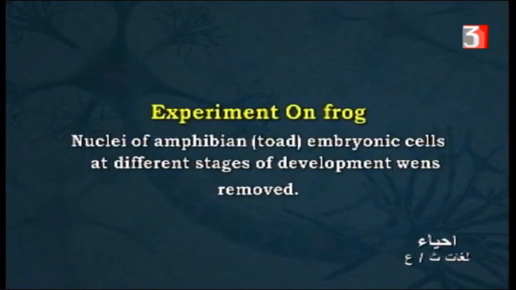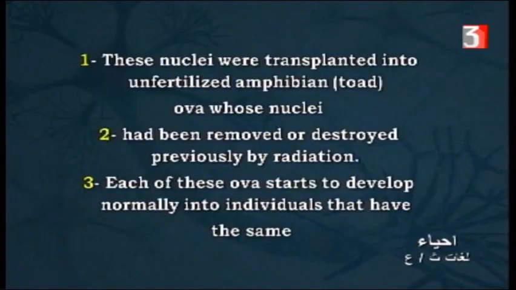Experiment on frog: nuclei of amphibian toad embryonic cells at different stages of development were removed. What happened to these nuclei? They were transplanted into unfertilized amphibian toad ova whose nuclei had been removed or destroyed previously by radiation.